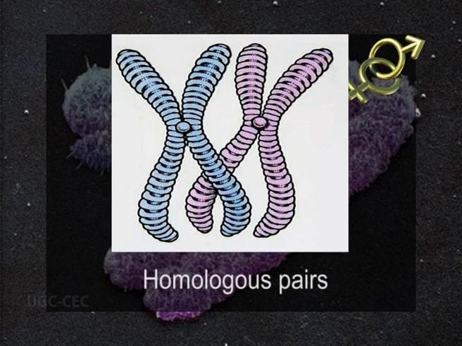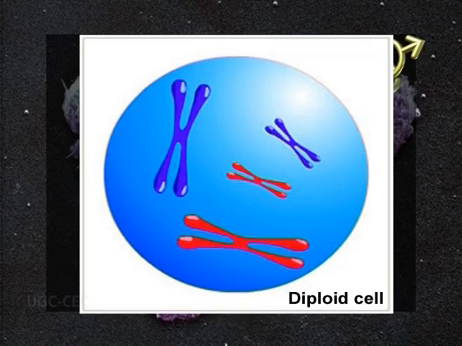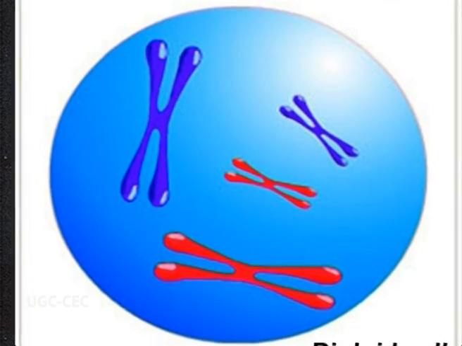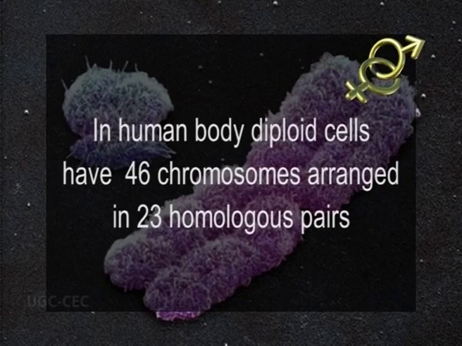Each chromosome in the homologous pair comes from a different parent. A cell that has both chromosomes of each homologous pair is a diploid cell. In the human body, diploid cells have 46 chromosomes arranged in 23 homologous pairs.